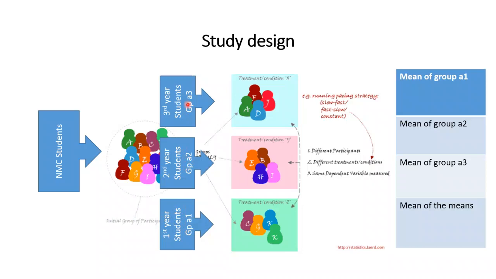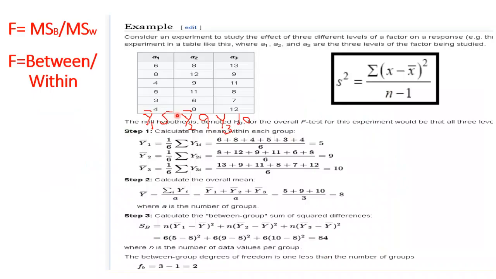We take NMC students of first year, second year, third year as three groups. So, all these are independent groups. No student of second year can join the third year, or be represented in first year or third year, and vice versa.